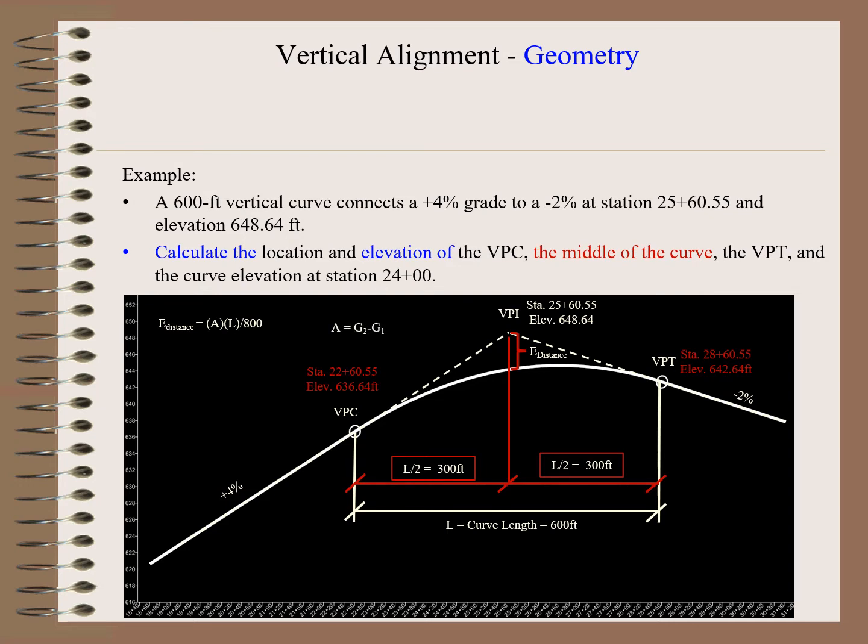A equals G2 minus G1. When we plug in the values, we get an E distance of negative 4.5 feet. To calculate that elevation, we just simply have to take the VPI elevation and minus the E distance. When we do that, we get an elevation of 644.14.